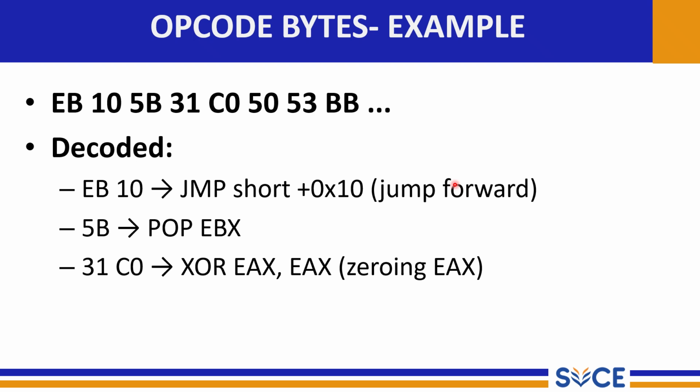And displacement is an offset added to a base address to calculate the final memory address. And the immediate value is a constant value which is used as an operand. So this is a small example.